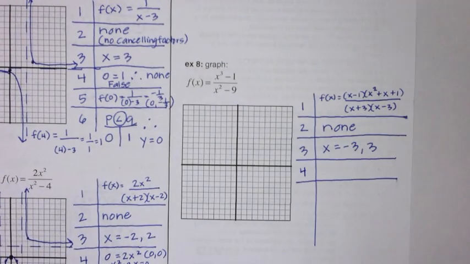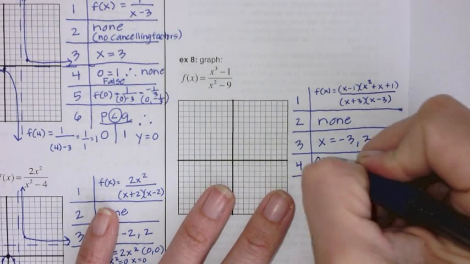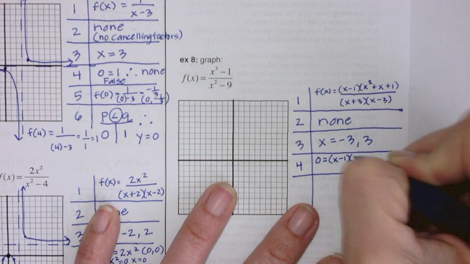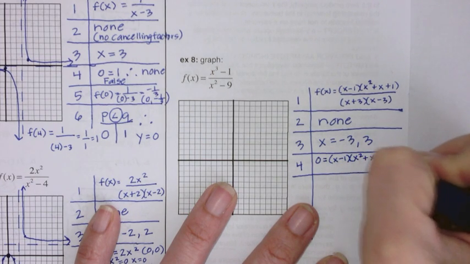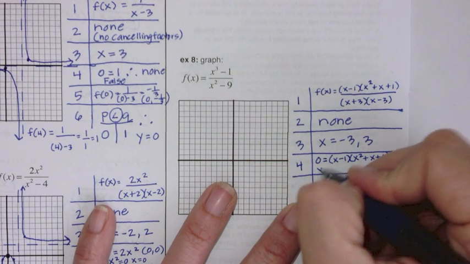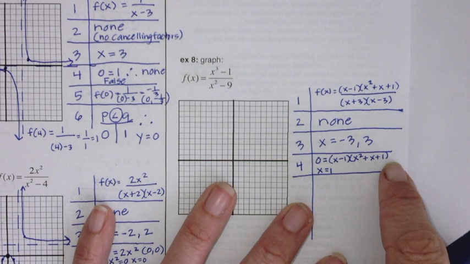Okay, 4, this is a little interesting because we are going to have x-intercepts at the non-canceling factors in our numerator. So that means we have this right here. So we know there's going to be an x-intercept at 1, but then we have this right here. And we're like, okay, do we use the quadratic formula to find it? Yes. Can I use the graphing calculator to find it? Yes.